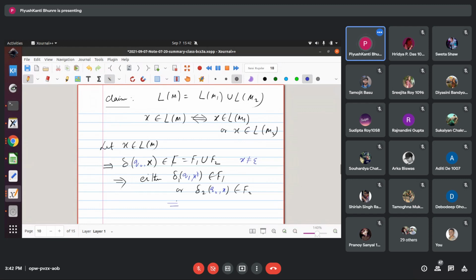So that means either X belongs to L(M1) or X belongs to L(M2).